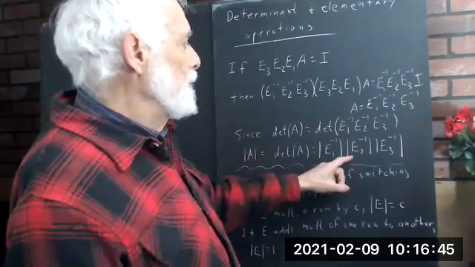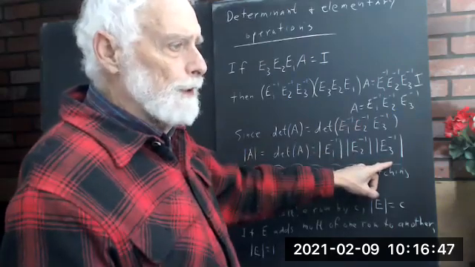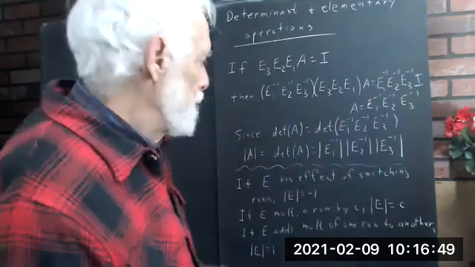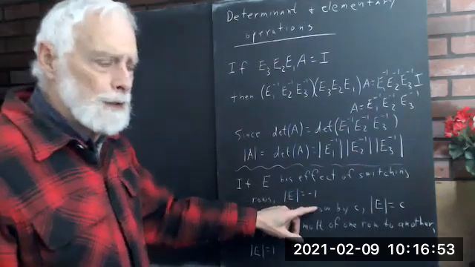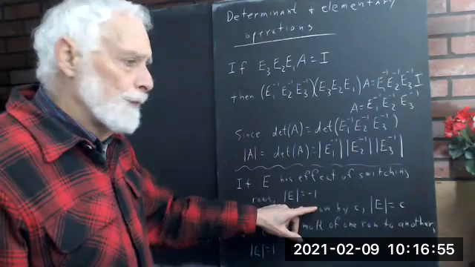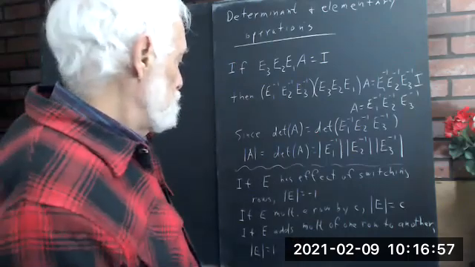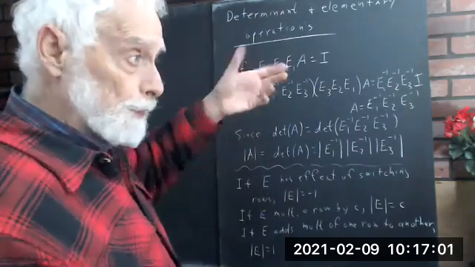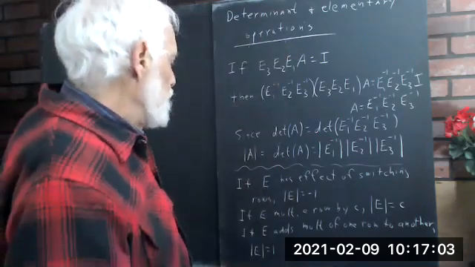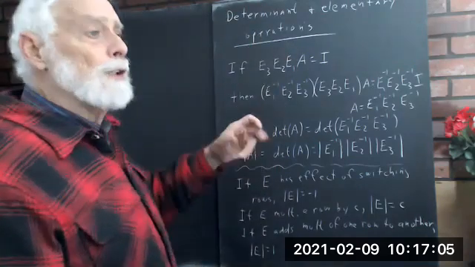Okay, there are some rules now. The determinants of these matrices are really easy to figure out. If E has the effect of switching rows, then the determinant of E is -1. We're going to actually prove that in general for matrices. Switch rows, the determinant is going to change sign.